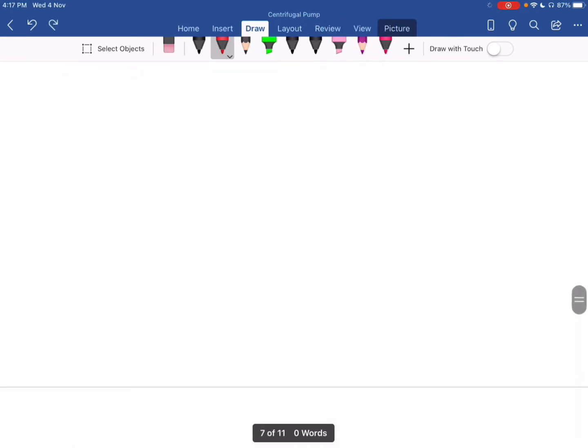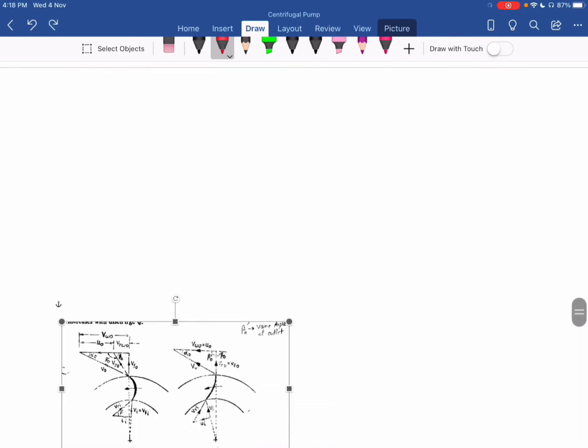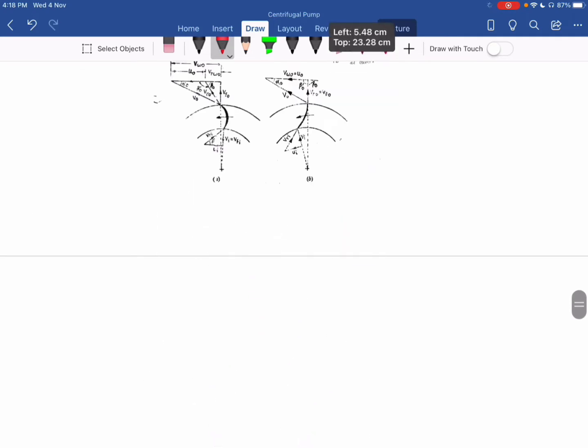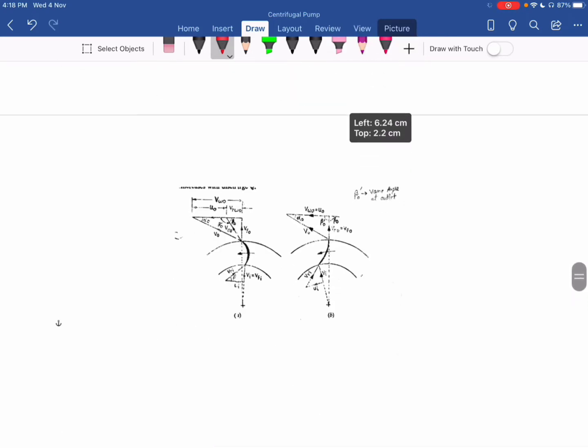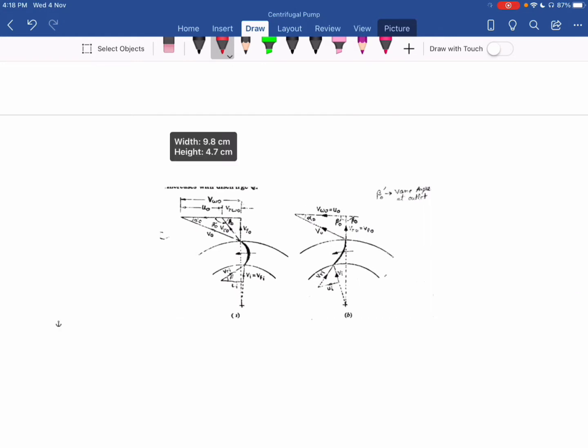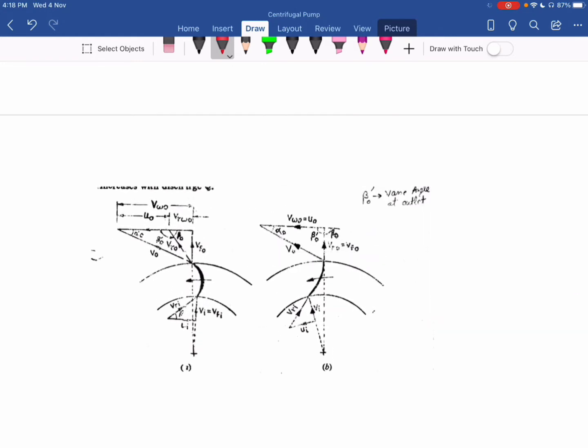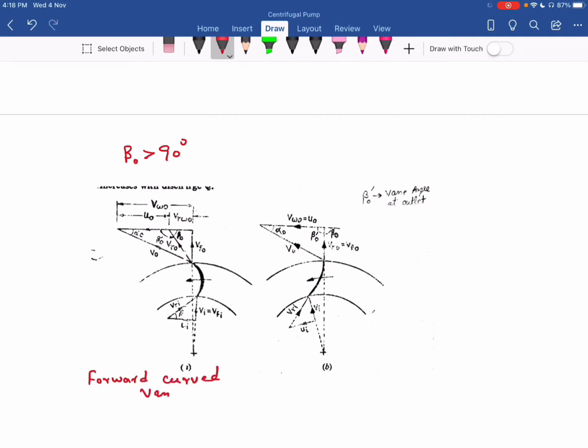Let's see another diagram. Now if beta O dash is greater than 90 degree, that shape of vane is called forward curved vane.